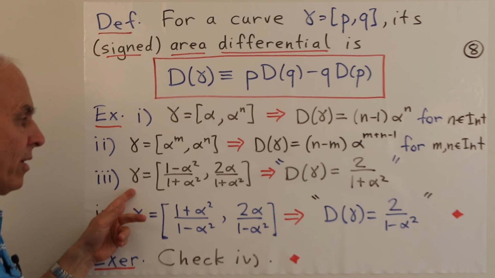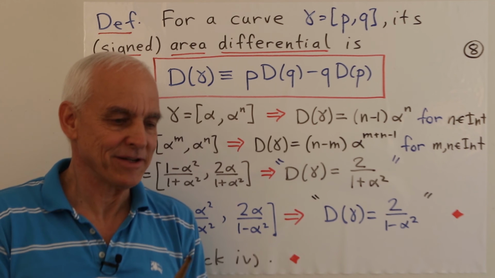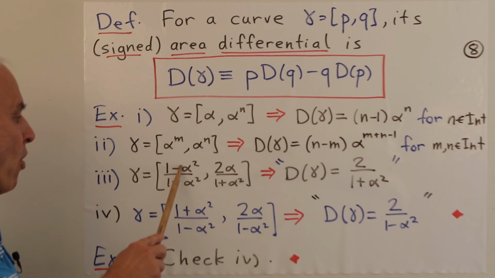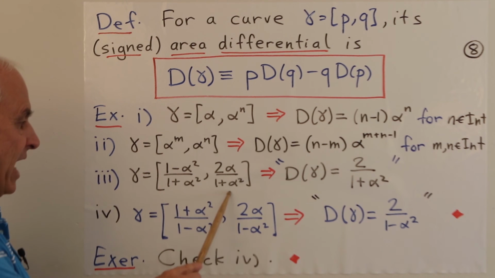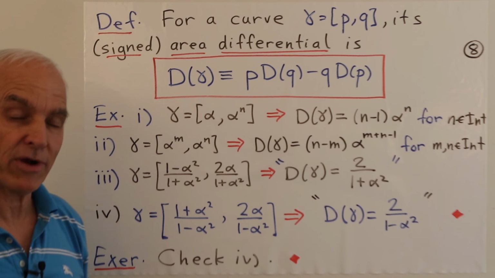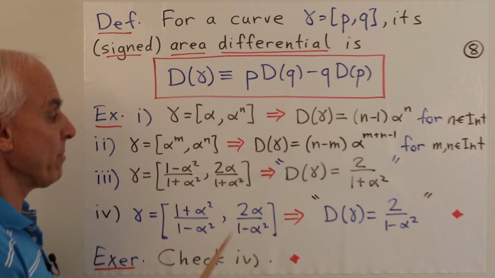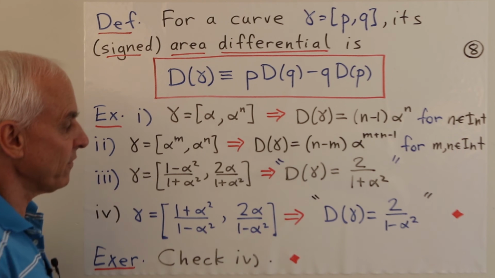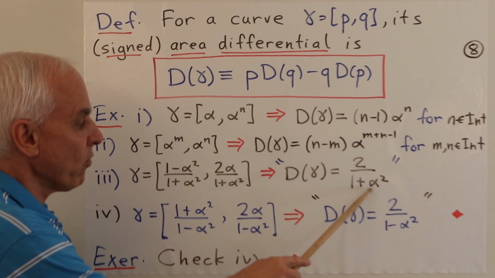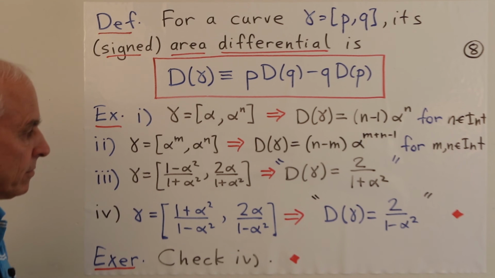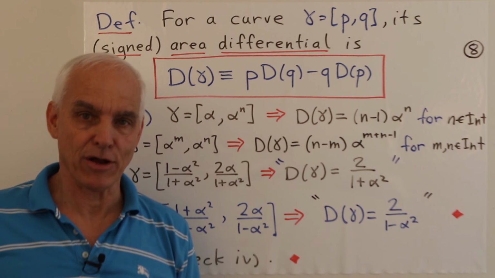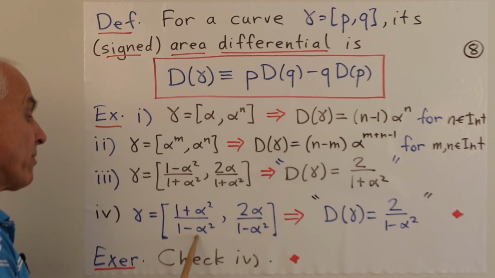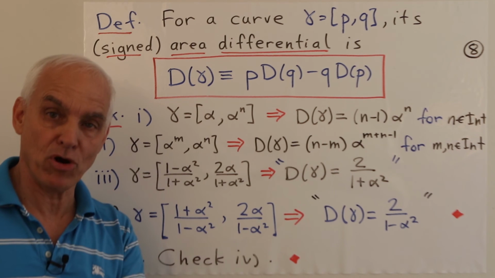Now, for the circle, so now we're extending our understanding here to having quotient polynumbers. Here's our standard rational parameterization of the circle, and we made this computation that basically amounts to that the differential of this gamma is 2 over 1 plus alpha squared. And now we're in a position to extend that calculation to the rational parameterization of the relativistic hyperbola.